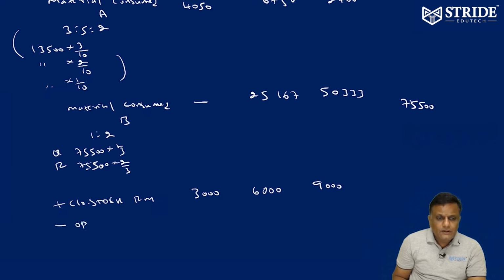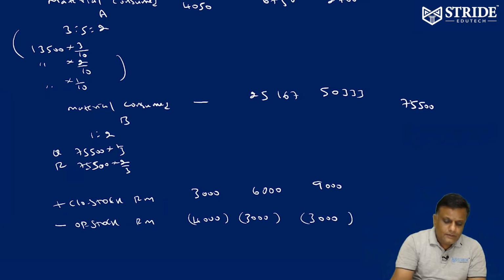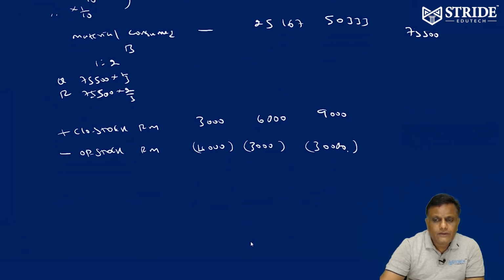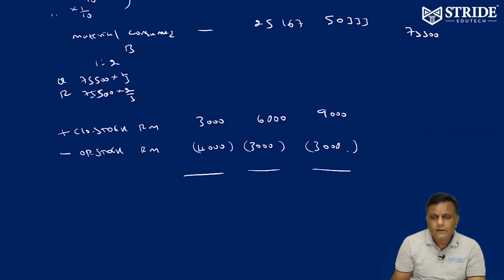Less opening stock of raw material P, Q, R: 4,000 for P, 3,000 for Q, 30,000 for R. So the answer, the purchase of raw material, is material consumed plus closing stock minus opening stock.